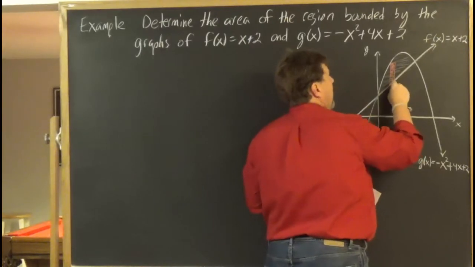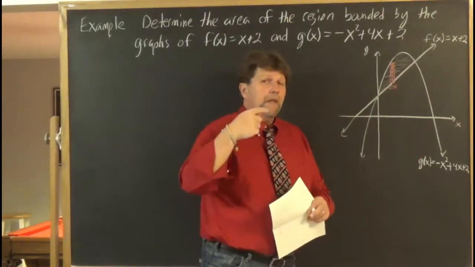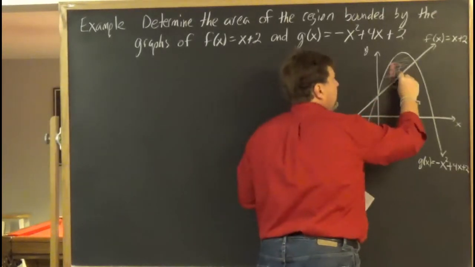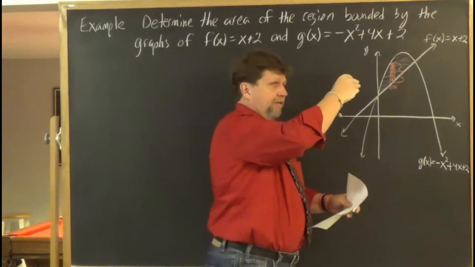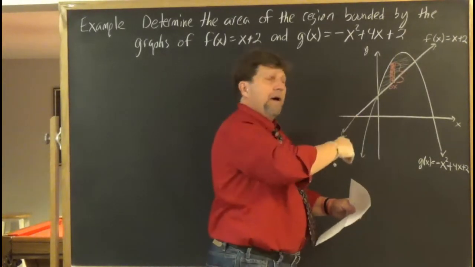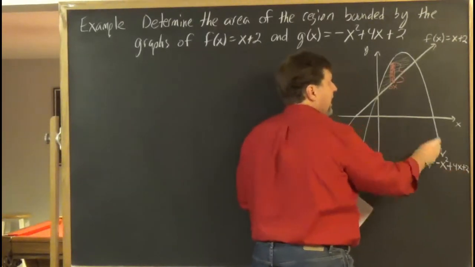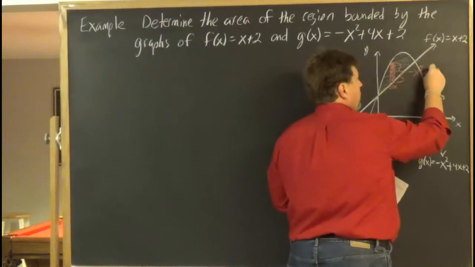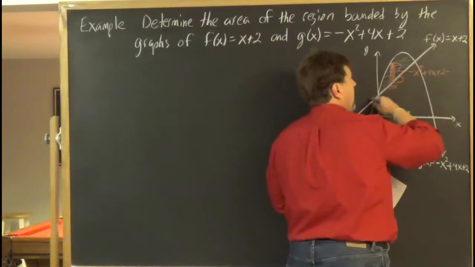I label the base of the representative rectangle, it's delta x, and then I label the height of the representative rectangle. The height of this representative rectangle is the top curve minus the bottom curve. So the top curve is negative x squared plus 4x plus 2 minus the bottom curve.